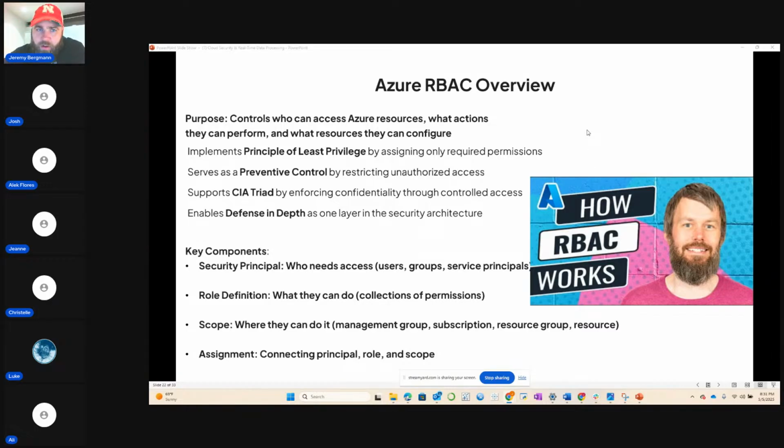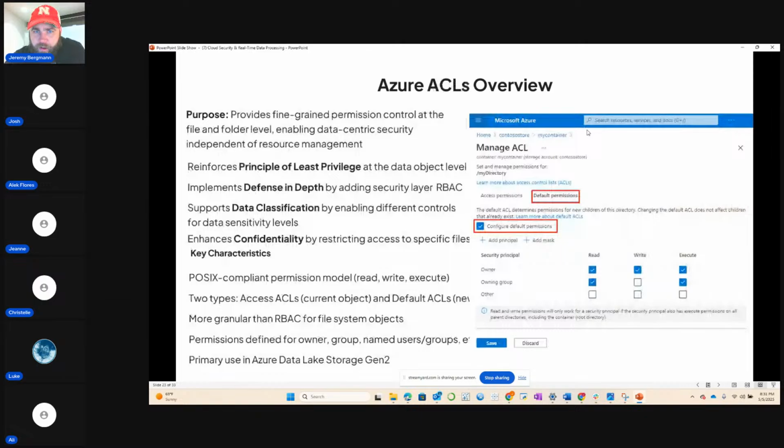So then the other type of access control is called access control lists. These are really used on file and folder level permissions within blob storage or file storage, and then of course Gen 2 data lake storage within Azure.